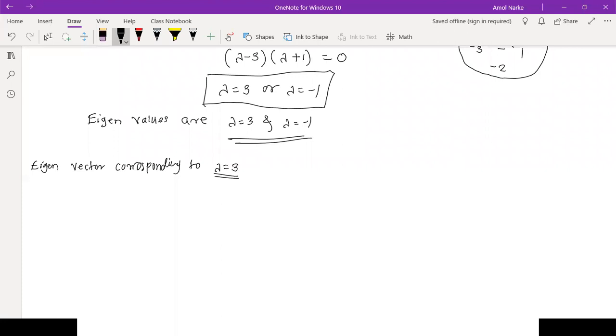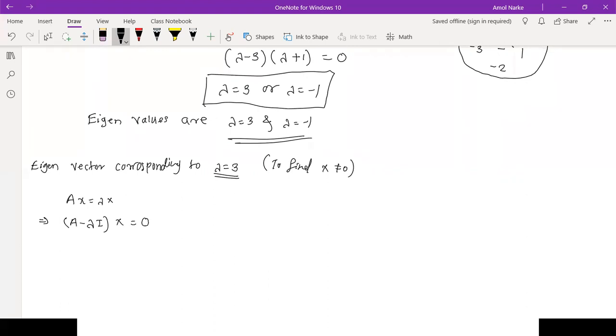Corresponding to which eigenvalue? So how can one find it? My target is to find x which is not equal to 0. We have Ax equal to lambda x. Yes or no? So from this, I'm getting (A - lambda I) operated on x, which is equal to 0.